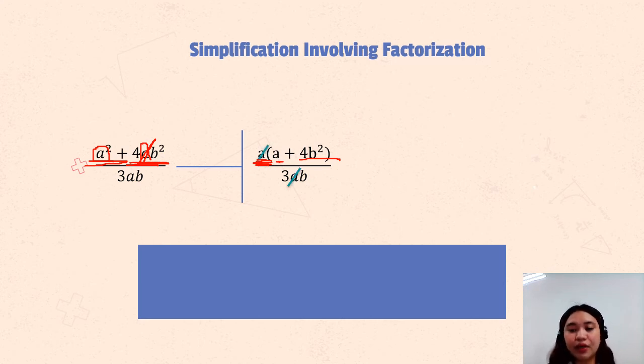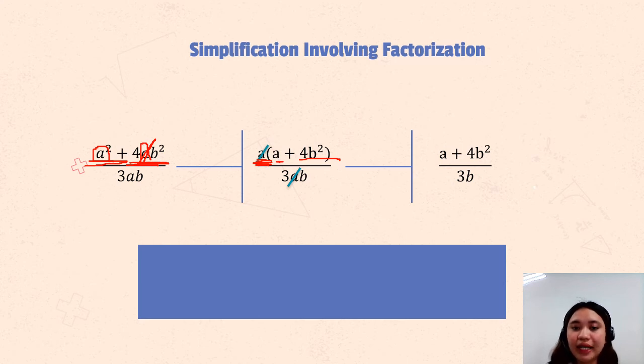Then next, you can cancel na. So, when cancelling or factorizing, ito naman yung makikita mo sa numerator na nasa denominator. So, for example, we have a in the numerator and we also have a in the denominator. So, we have a plus 4b squared over 3b.